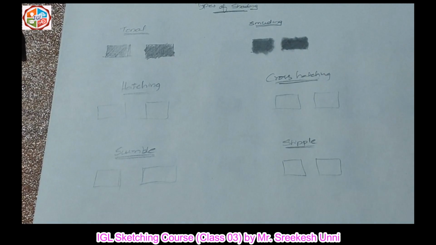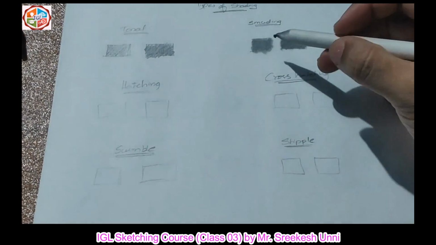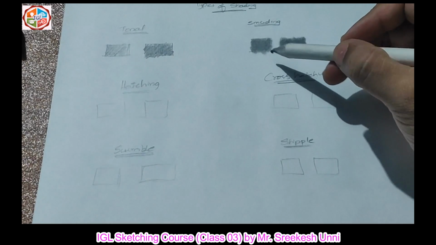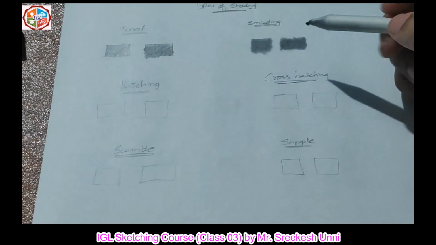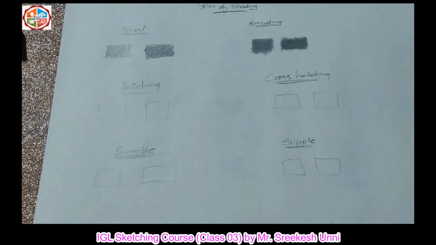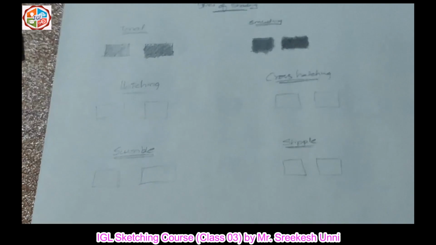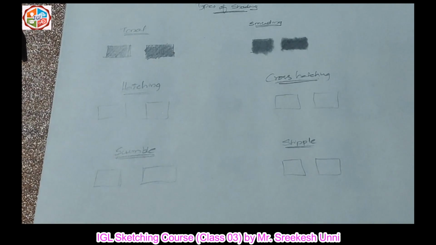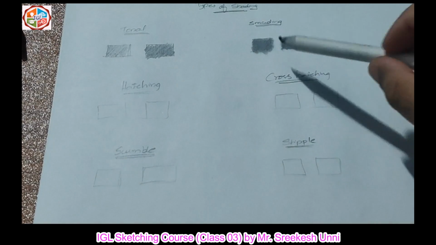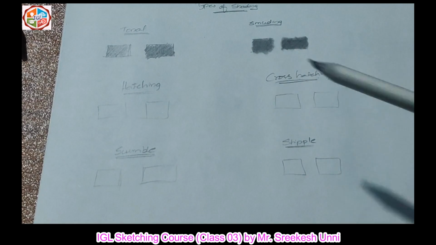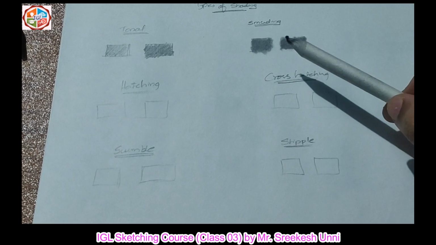So this technique is used to make your drawing very smooth. I will show all examples of the shadings done. This one is used for bringing smoothness and making the drawing extremely smooth. I'll show you the diagram after explaining the shading techniques, so you will understand.